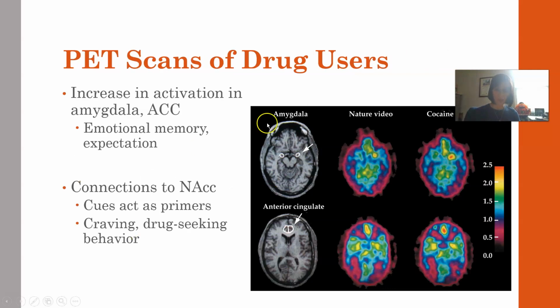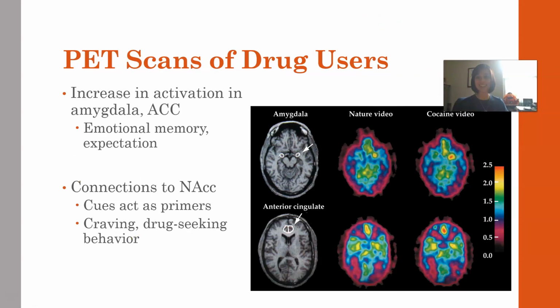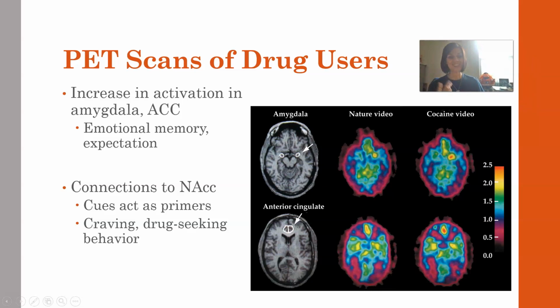So what you're looking at here, obviously this has to do with cocaine. This does not have to do with opioids, but what you're looking at here are cocaine users, and they are either watching a nature video or they are watching a video that has to do with cocaine. And what we find is that when you show them the cocaine video, you get increased activation here in the amygdala as well as the anterior cingulate cortex right here.